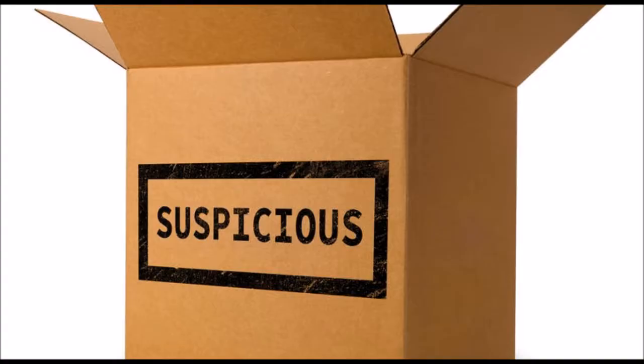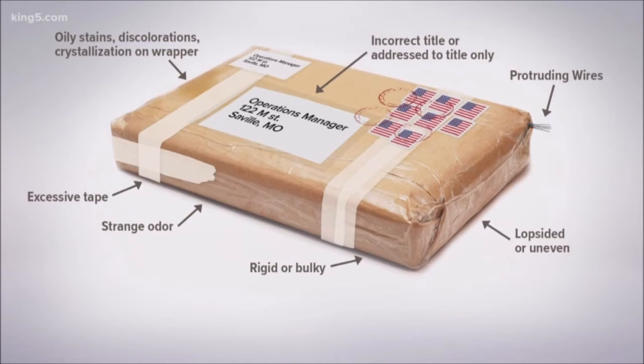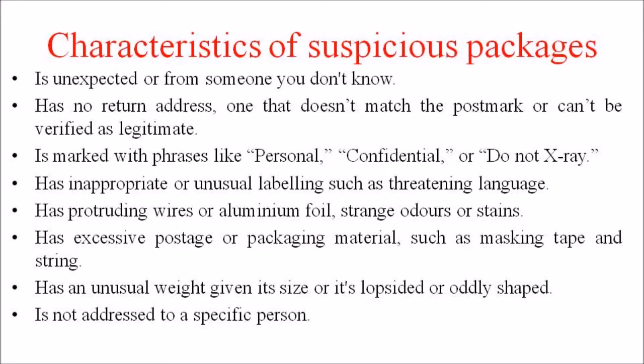Some of them are: if we find a suspicious package, letter, or any material, first of all, characterize that particular suspicious package. We should identify its characteristics. While inspecting the package, check if it is unexpected or from someone we don't know.